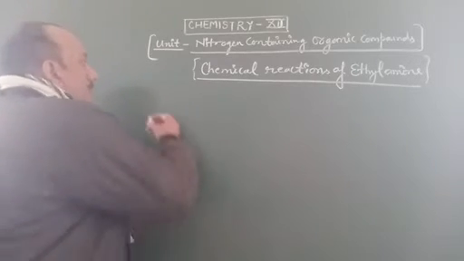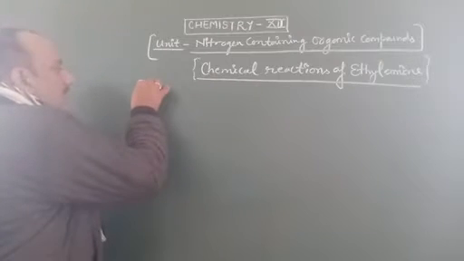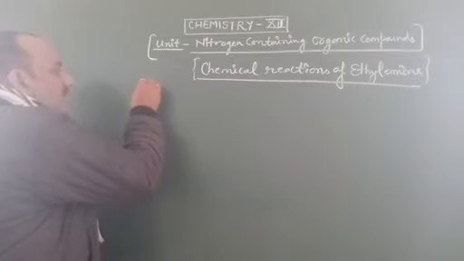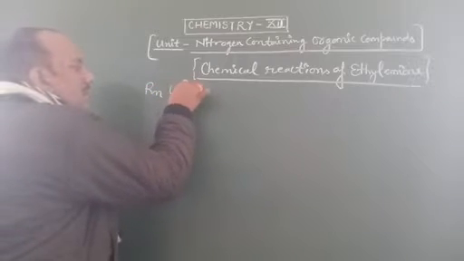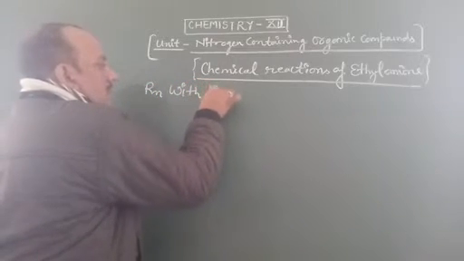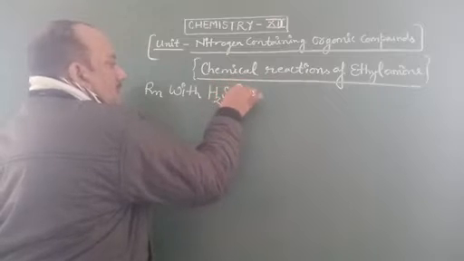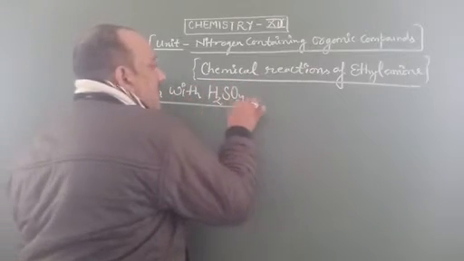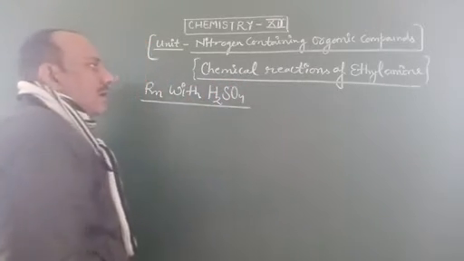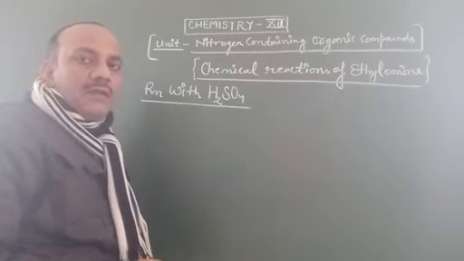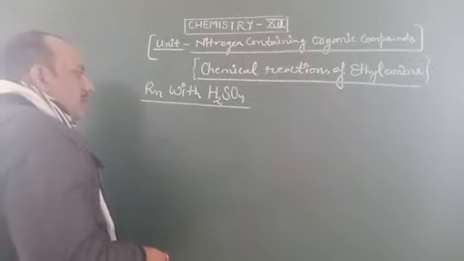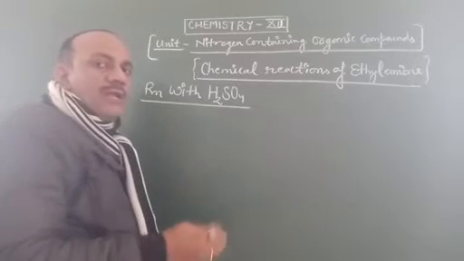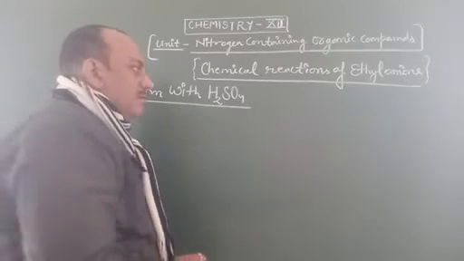Today, we start its chemical reaction with sulfuric acid. The concentrated sulfuric acid reacts with ethylamine to make an addition product named ethyl ammonium sulfate.